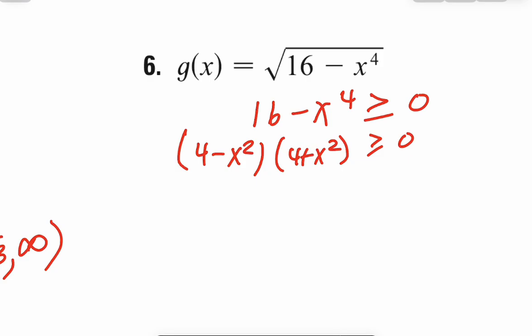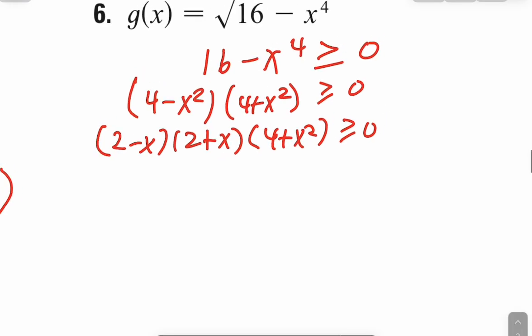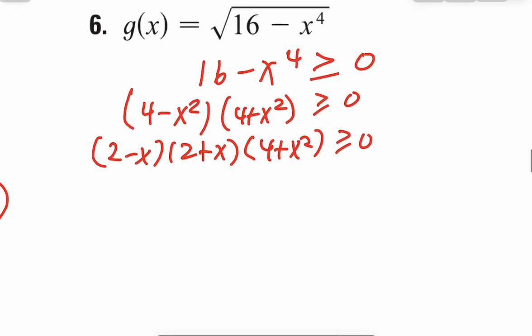That's as far as you can go. But 4 minus x squared can reduce to be 2 minus x and 2 plus x. So break it down as far as you can. And then what we're going to do from there is make the plus minus chart. Okay. So how do we do that?